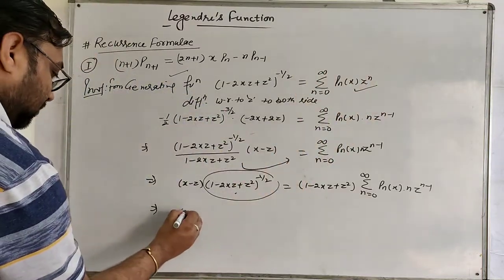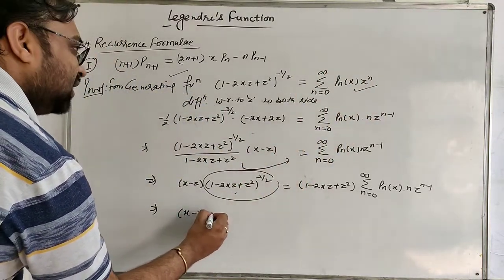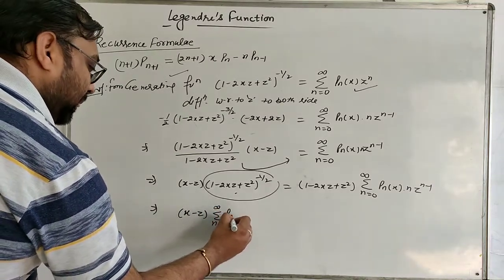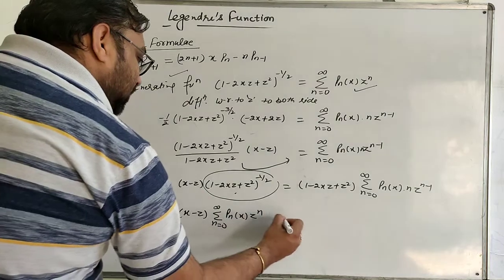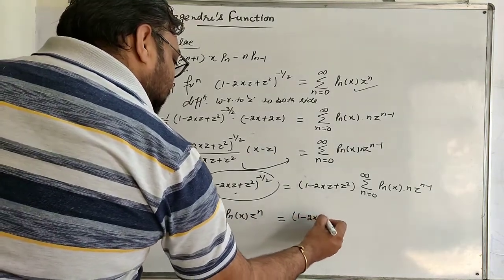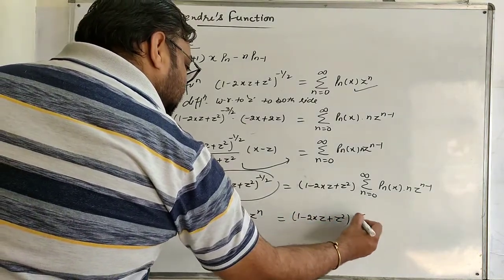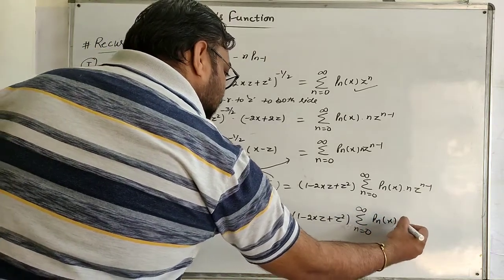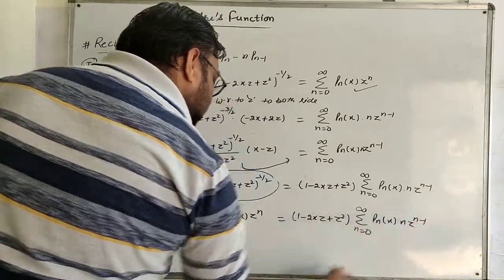So this will become (x - z) Σ from n=0 to infinity P_n(x) z^n = (1 - 2xz + z²) Σ from n=0 to infinity P_n(x) n z^(n-1).